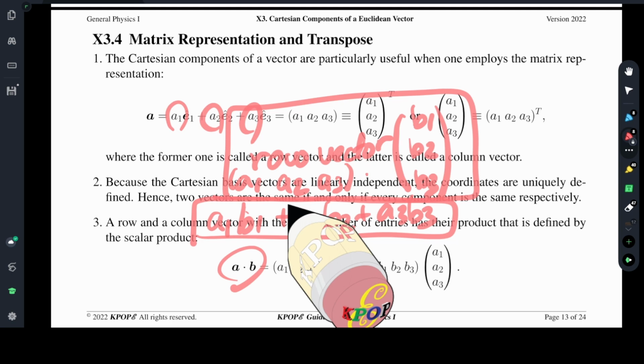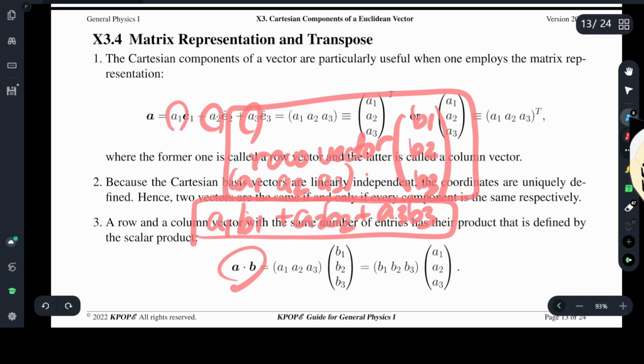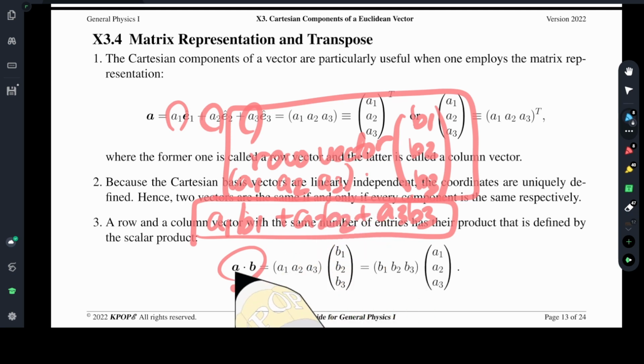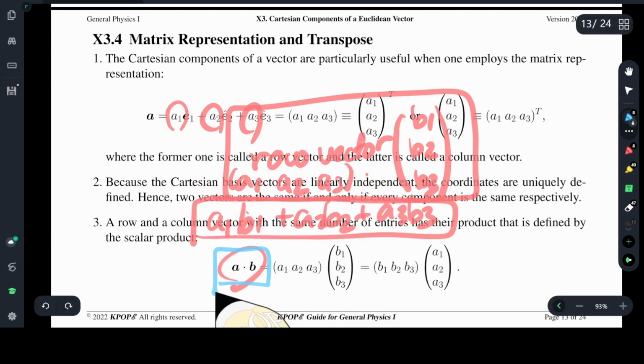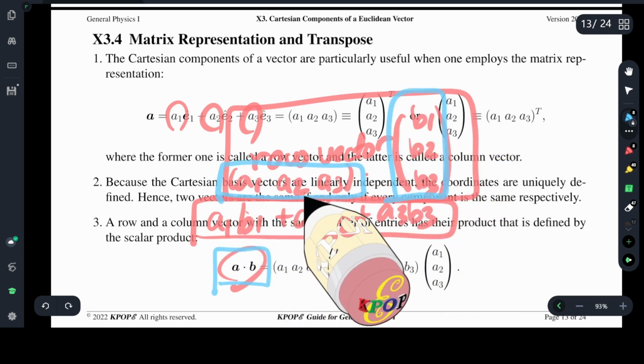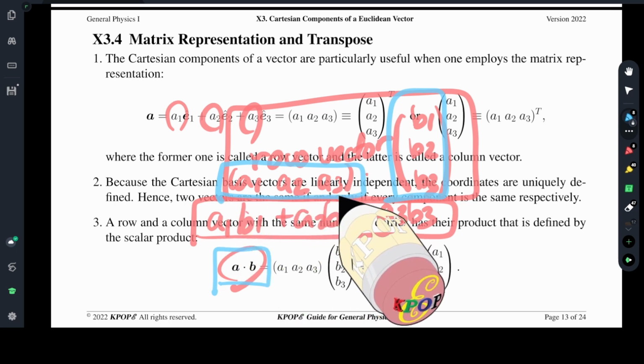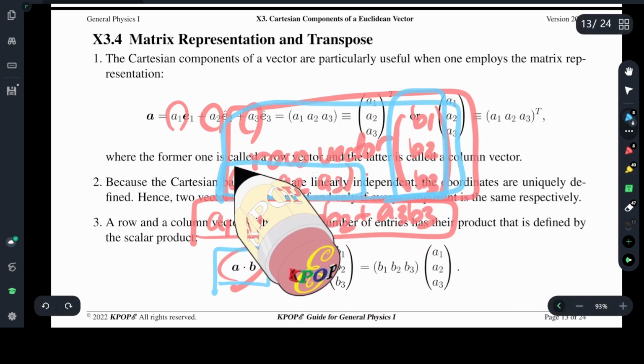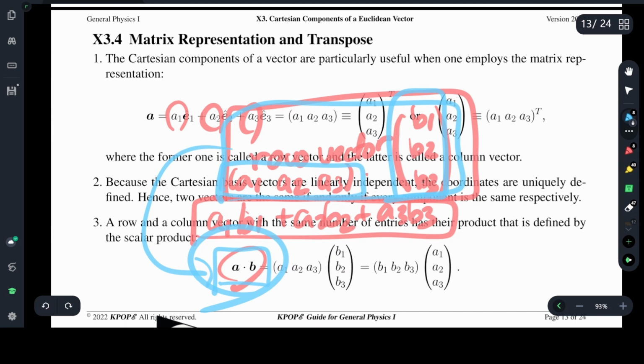If you learn mathematics, they define so many things, so it is very difficult to memorize for the first time. But in physics, we are teaching in an absolutely different way. Matrix is developed for simple computation in Cartesian coordinates. That's it. So for the simple Cartesian coordinate expression of the scalar product, we develop this expression: list the numbers of Cartesian coordinates in a row and a column, and if you write this, this represents the scalar product.